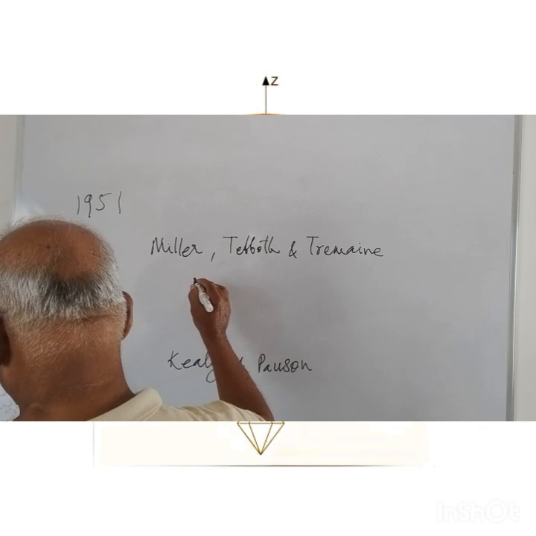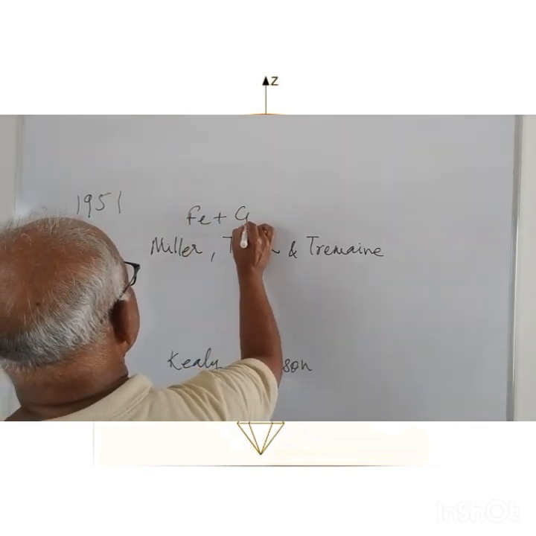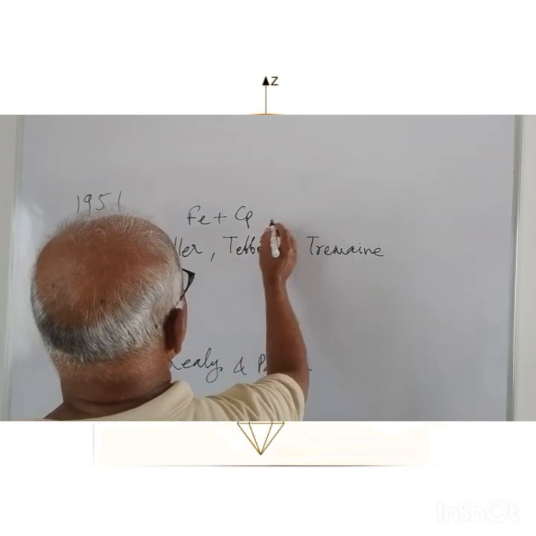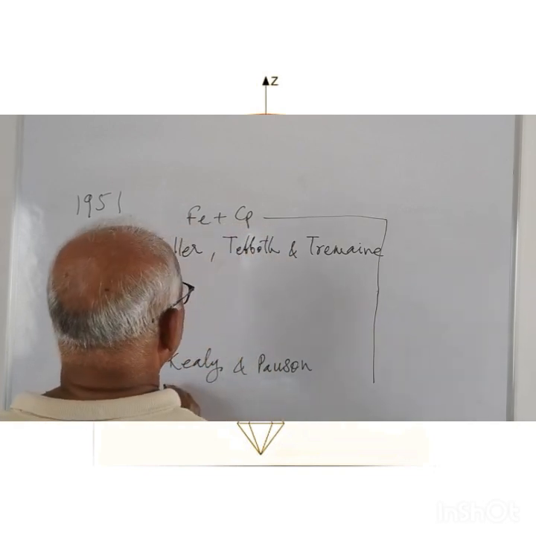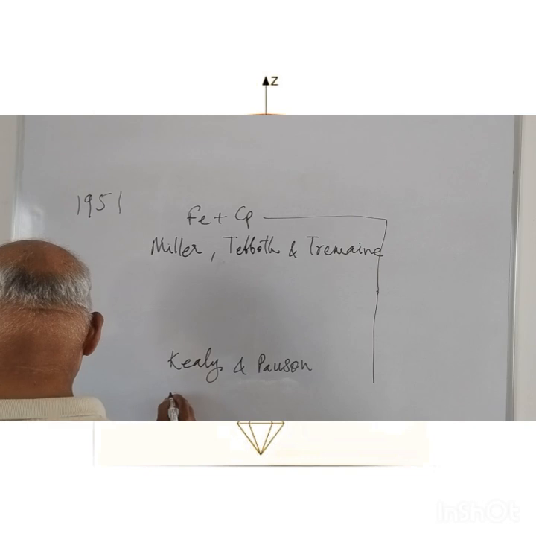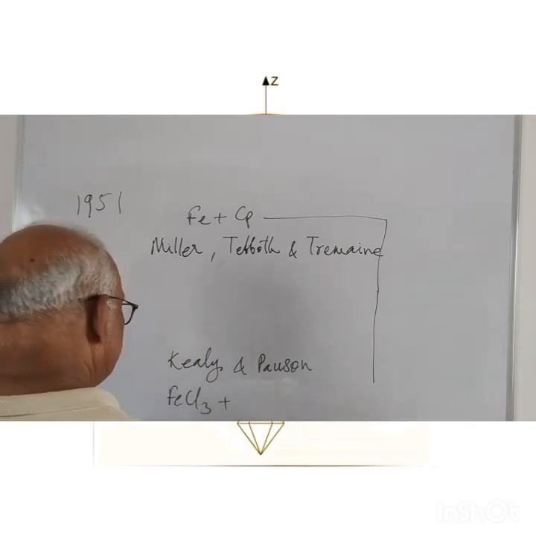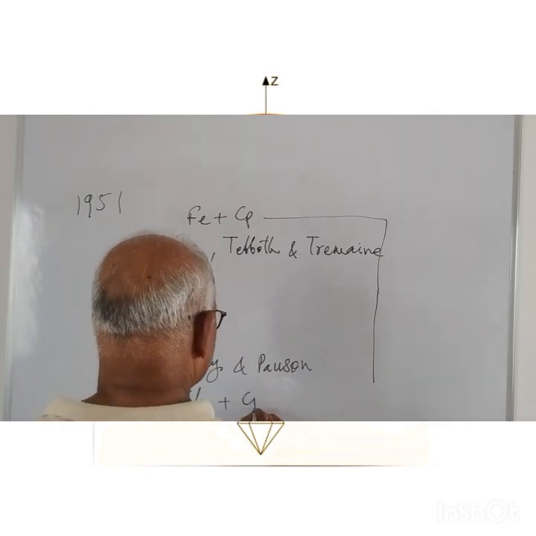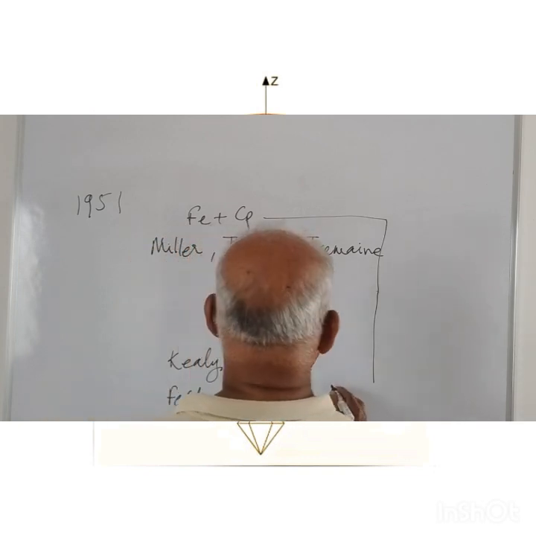The first group carried out the reaction between iron and cyclopentadiene, and the second group carried out the reaction between FeCl3 and cyclopentadienyl magnesium bromide.